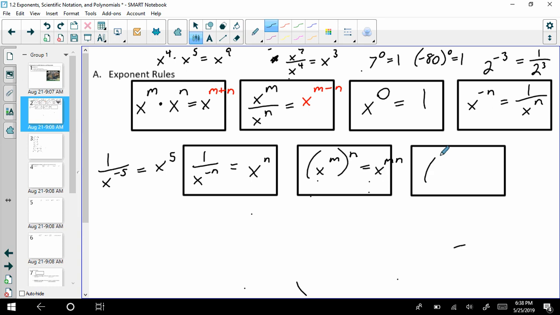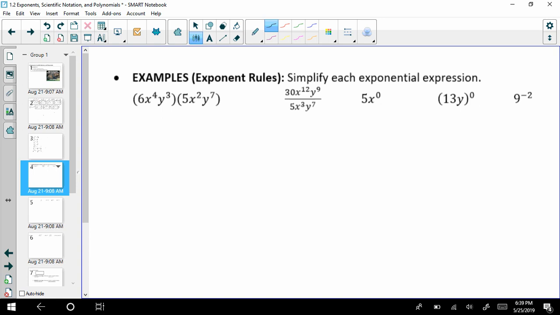And the last rule: if I had something being divided, x over y, and the whole quantity is raised to n, that is the same thing as saying x to the n and y to the n. They both get it. So let's try some examples of these to see if they make a little more sense.